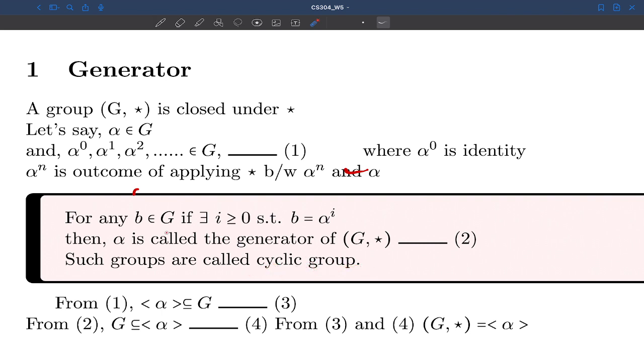The number which is able to generate every other element of my group G is called a generator, and such a group is called a cyclic group. Alright, so now you know what a generator is. So this was all about generators.